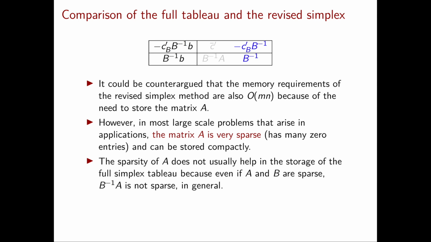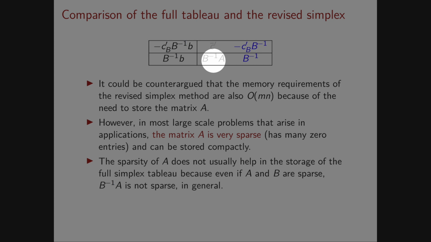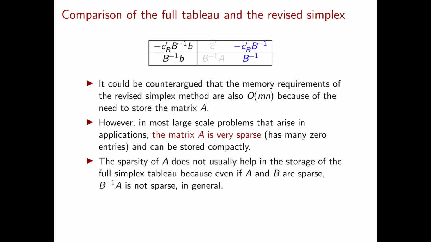Unfortunately, that's not the case. And again, the reason lies in the fact that the full tableau explicitly constructs B inverse A. Now, even if we assume that A is sparse, so that it has few non-zero entries, the matrix B inverse A in general will not be sparse. So the sparsity of A doesn't help in the full tableau.